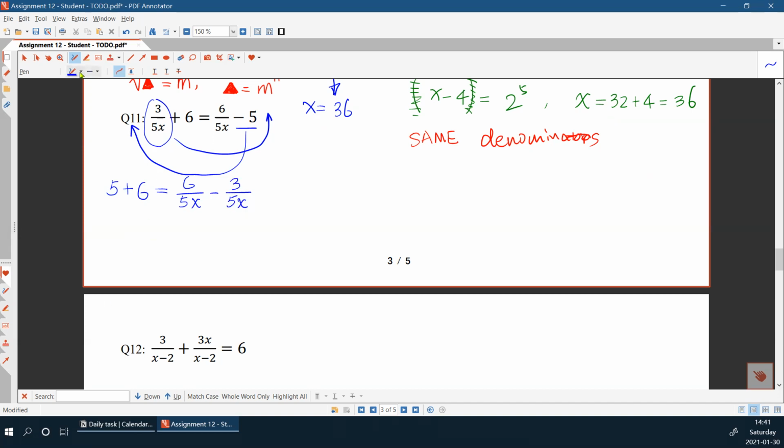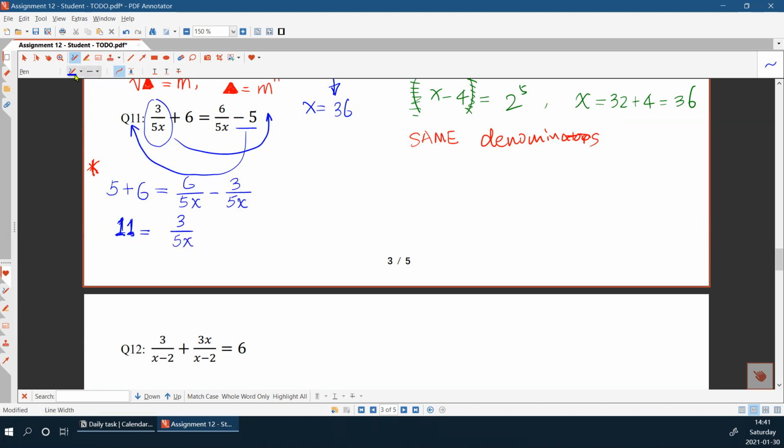Understand? This is a very crucial step for you, okay? And on the left-hand side, you have 11.